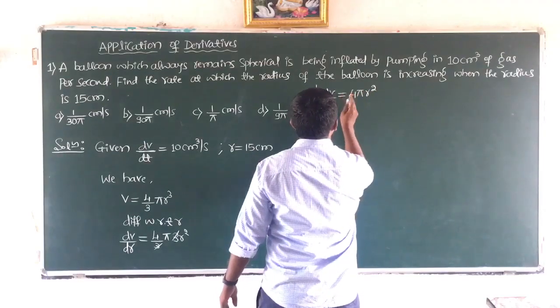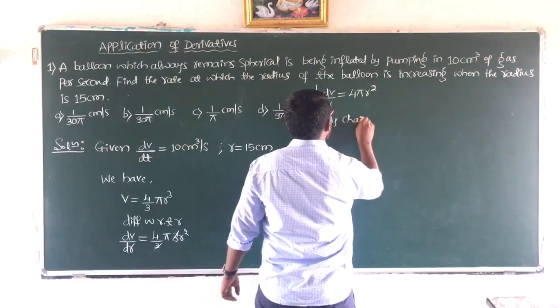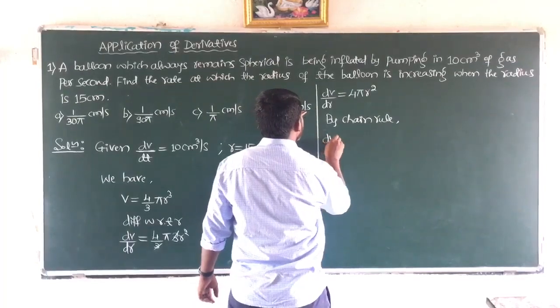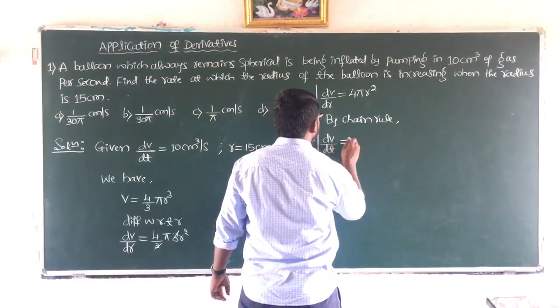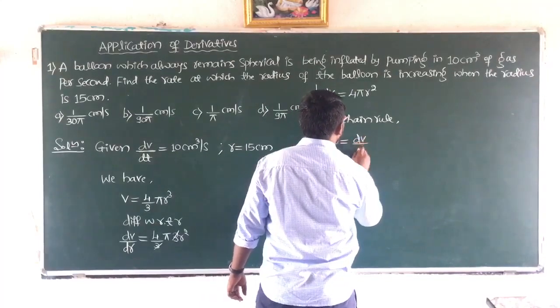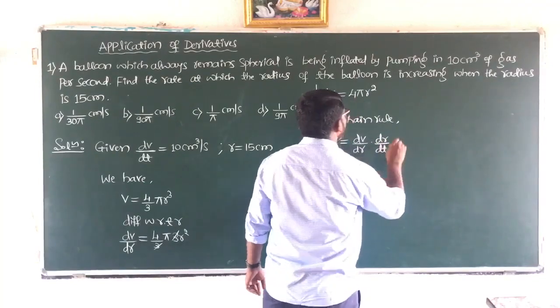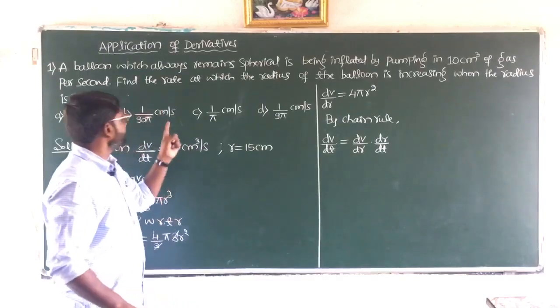Now by chain rule, dV by dt equals dV by dr into dr by dt. What is dV by dt? It is 10.